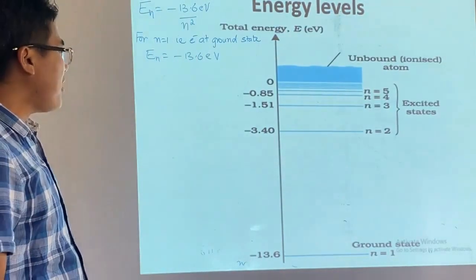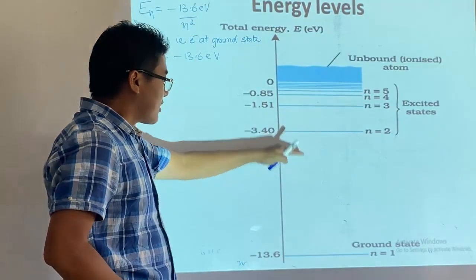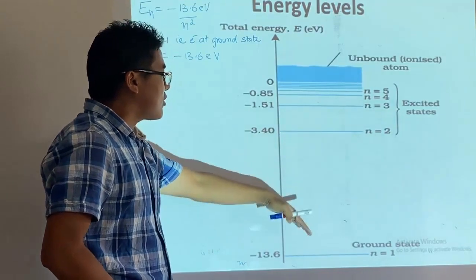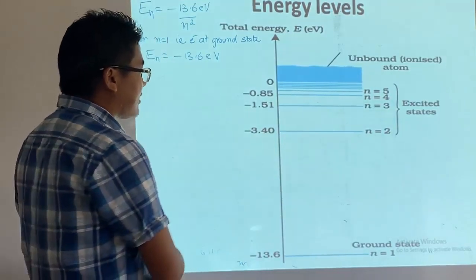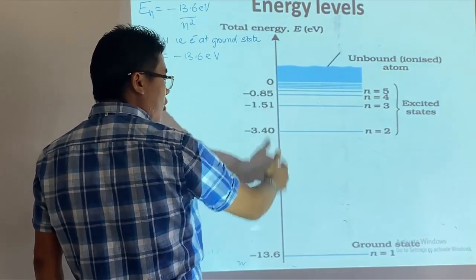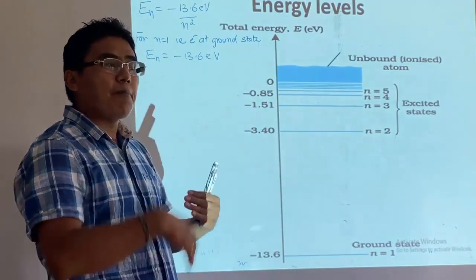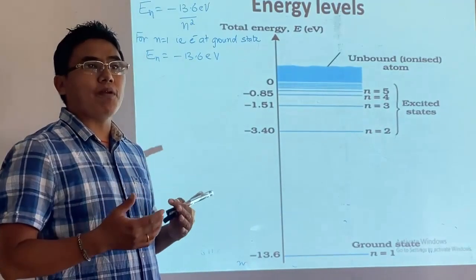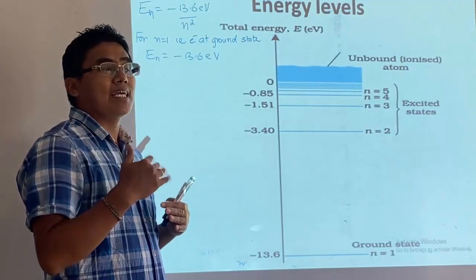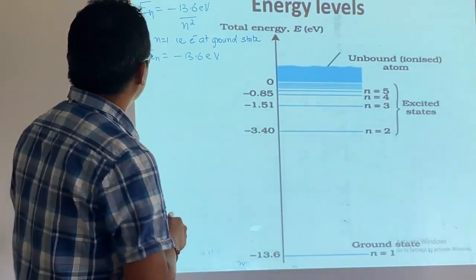Now the electron can occupy only these orbits. Electron cannot take arbitrary or random orbits. Electron has to take a specific orbit, that is a non-radiating orbit.